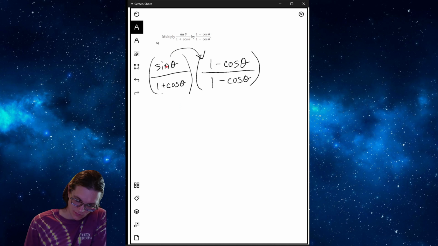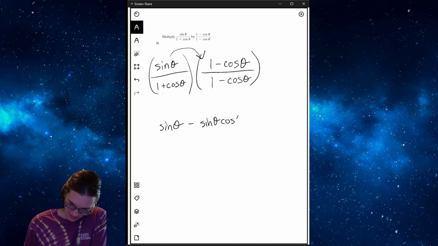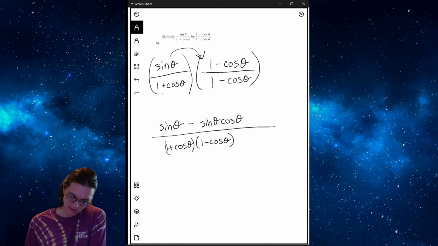When you multiply fractions by fractions, you just multiply the numerators and multiply the denominators. So sin theta times 1 is sin theta. Sin theta times negative cosine theta is going to be minus sin theta cosine theta, and that's going to be all over 1 plus cosine theta times 1 minus cosine theta.